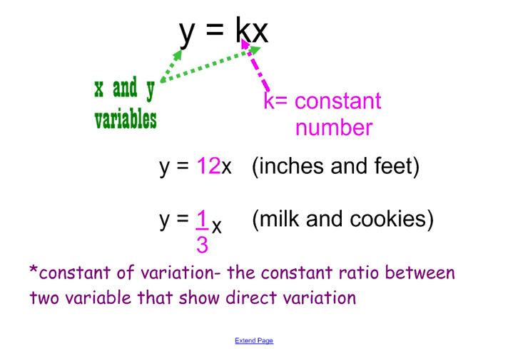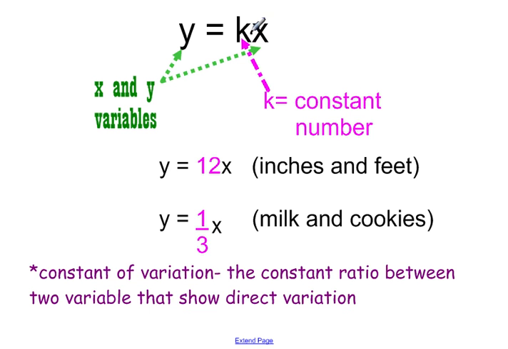So this is going to be our definition of direct variation, or what it looks like in equation form, and the equation is y equals kx. And we know that in algebra, when two things are written right next to each other, like these two letters are, there is an operation happening in between, and it is multiplication.